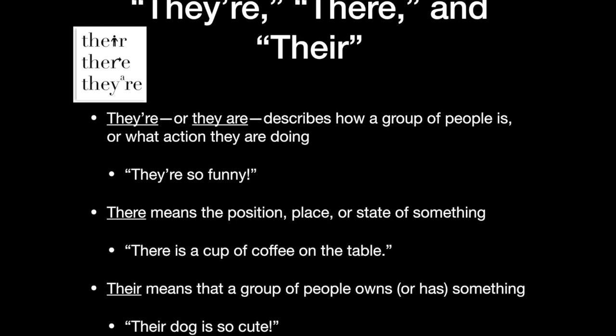The example I have is their dog is so cute. What that is saying is that the dog belongs to those people. We can always talk about there and their another time. And if you have any questions about any of these theirs, feel free to ask me. Maybe we'll talk about it sometime in the future.